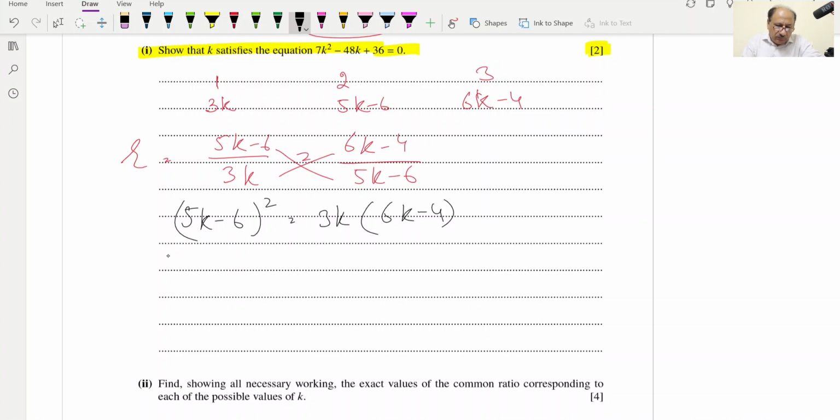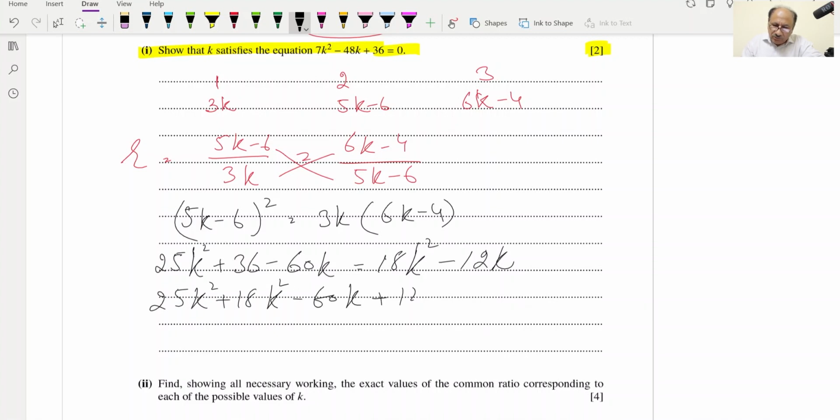Now we can open the square: a squared is 25k squared, plus b squared is 36, minus 2ab, so 6 twos are 12, 12 fives are 60, so minus 60k, is equal to, multiplying 3k inside, 18k squared minus 12k. Now we shift everything to this side: 25k squared minus 18k squared minus 60k plus 12k plus 36 is equal to 0.